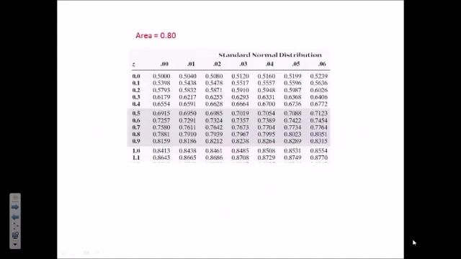So here's our standard normal distribution table. In the body of the table, we have the areas. Notice the areas all have 4 decimal places. So we'll want to take our area and make it 4 decimal places, 0.8000.